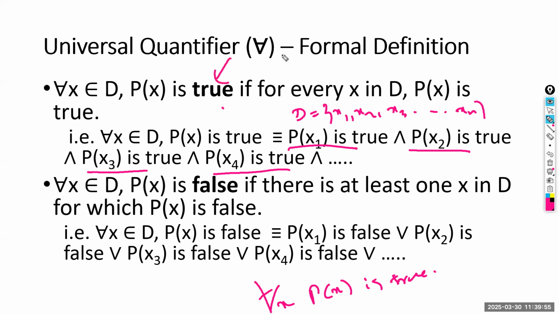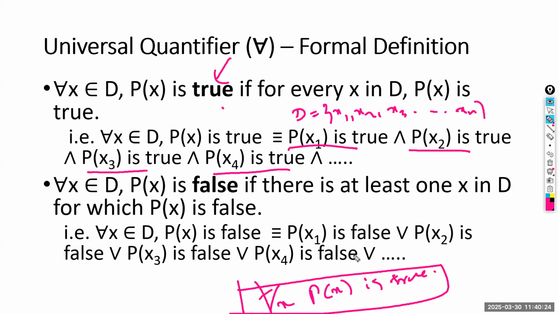When you say for all x it is true, if you find that for at least one value it is false, that's the end of the story. Your statement is contradicted. So if you want to check whether this kind of statement is true, the easier thing is to check whether it's false. If you find at least one contradiction, it's not going to be valid, it's false.